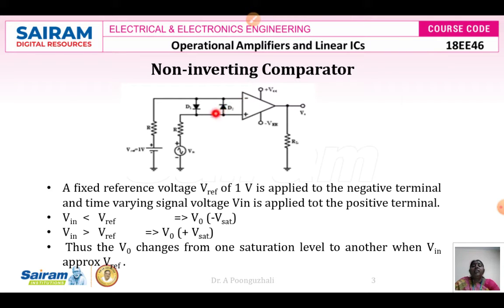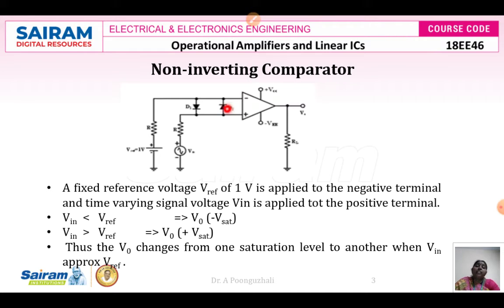The diodes D1 and D2 are used as clamp diodes. Clamp diodes are used to protect the op-amp from burning out. Suppose because of any noise voltages, one of the diodes will conduct and the differential voltage is going to be clamped to a minimum voltage VID, that is, a differential voltage of 0.7 volts.